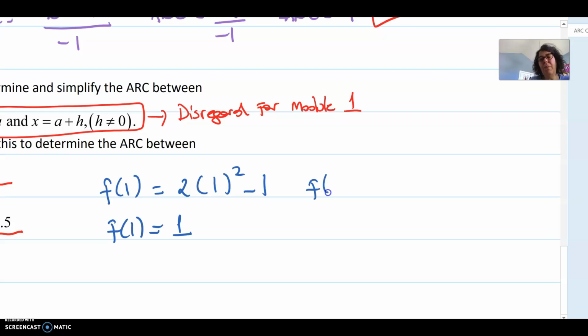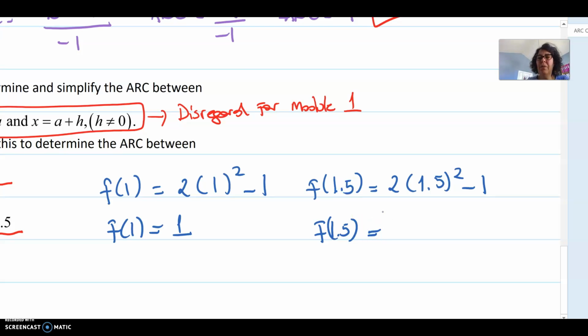Now f of 1.5, that is going to be a little bit of a pain. Okay, 1.5 squared, minus 1. So f of 1.5 is 2 times 1.5 squared minus 1.